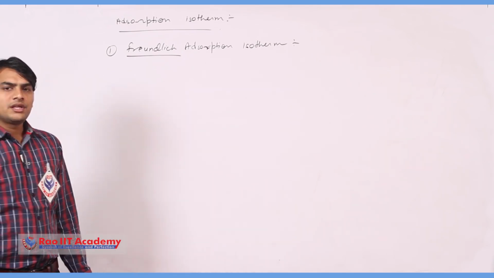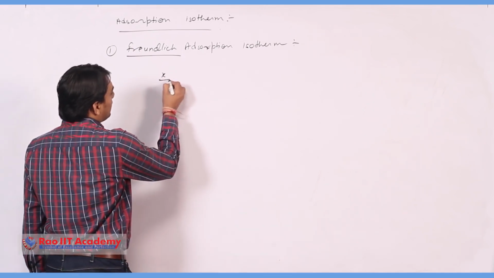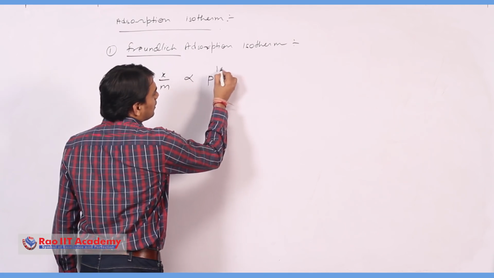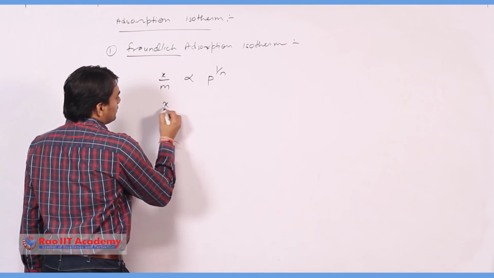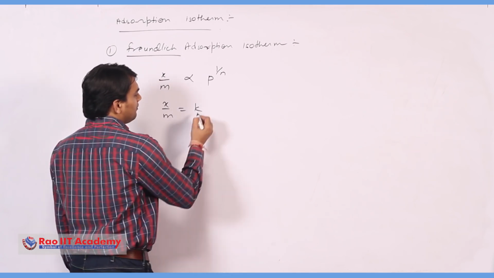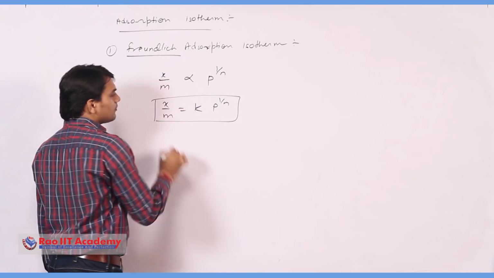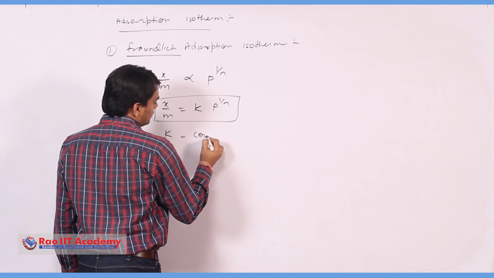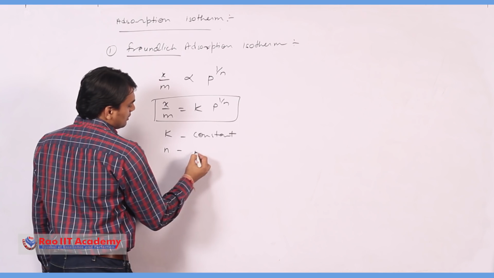As we know, if we increase the pressure, the extent of adsorption increases. So, he suggested that extent of adsorption is directly proportional to P raised to 1 by n, and on removing the sign of proportionality we can use some constant, or we can write like this, where K is constant while n is also a constant.